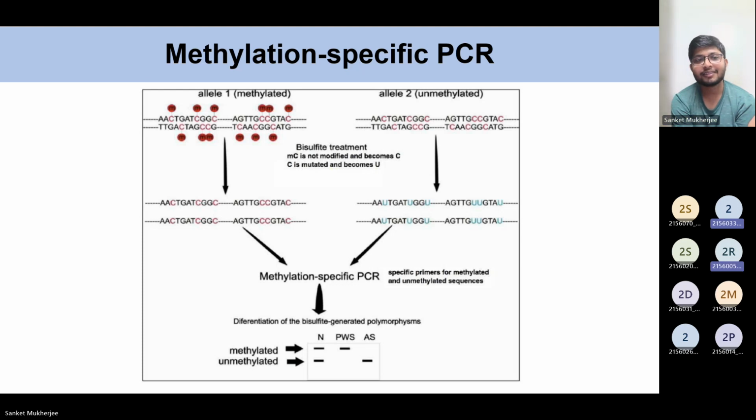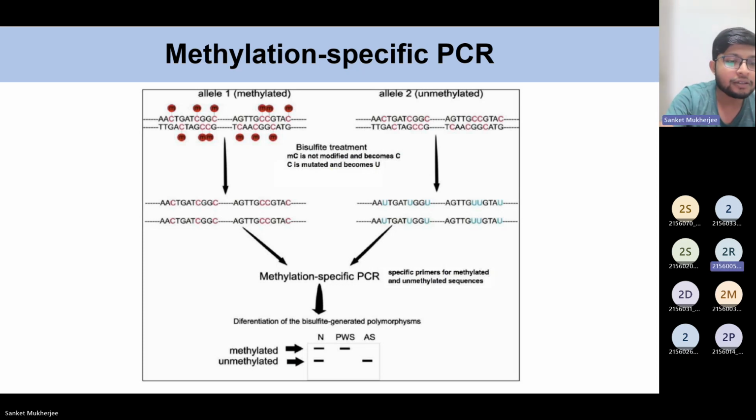Enzyme linked immunosorbent assay. We have some main component, antibody linked with the enzyme. If there is a specific antigen, the antigen will interact with that antibody, and the enzyme will react with a particular substrate, so we can actually detect the presence of that antigen there.